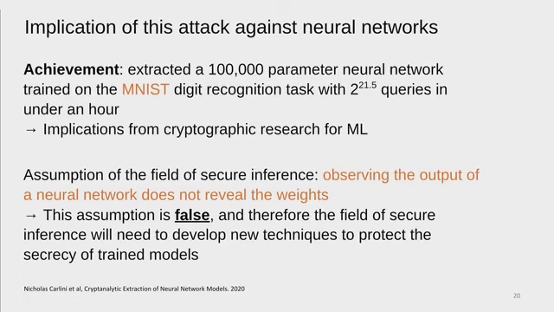So this is very interesting feedback: observing the output of the neural network does actually reveal its weights and influences the theory of secure inference, which completely breaks the idea of hiding information in these neural networks.